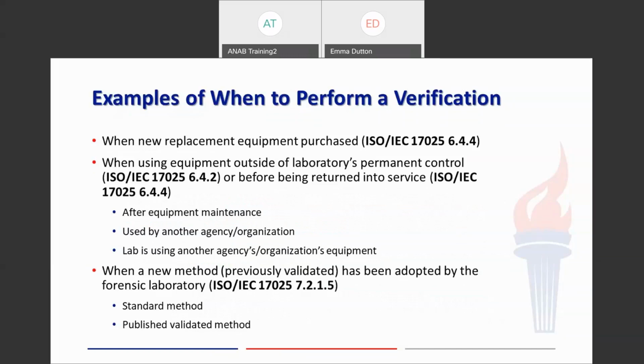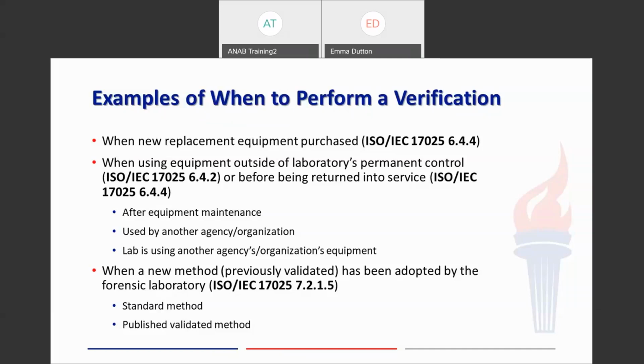So examples of when to perform a verification is when you have a new piece of equipment that you purchase and it's replacing a piece of equipment where you've already established the method for the use on that piece of equipment. You then verify that that piece of equipment meets your specified requirements. When you're using equipment that is outside your laboratory's permanent control, you need to make sure that that piece of equipment, again, meets your specified requirements.